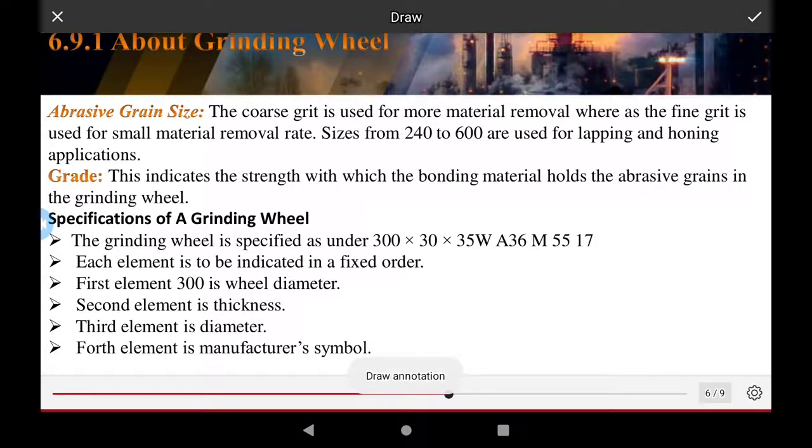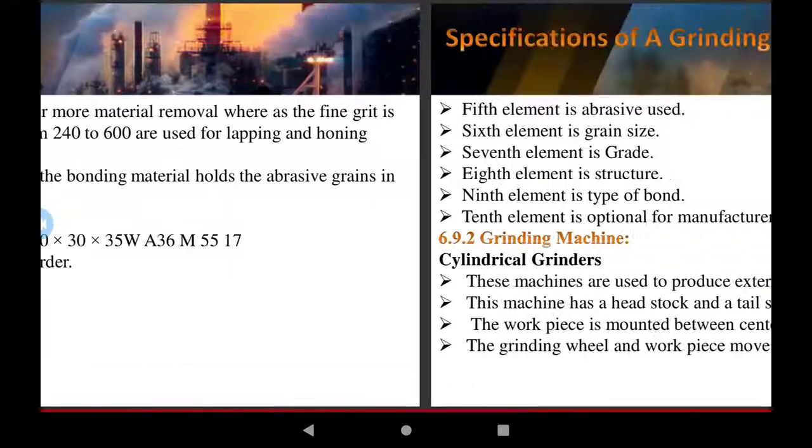Each element is included in a fixed order. The first element, 300, is the wheel diameter, the second element is the thickness of the wheel, the third element is the bore diameter, and the fourth element is the manufacturer's symbol of the wheel.